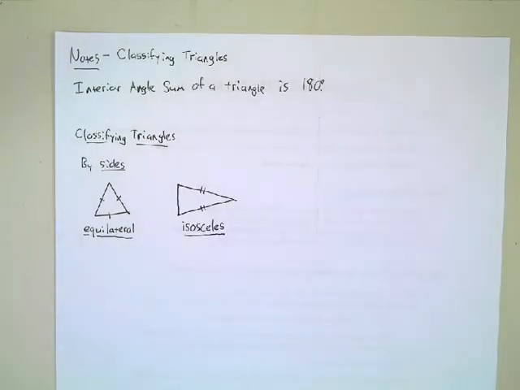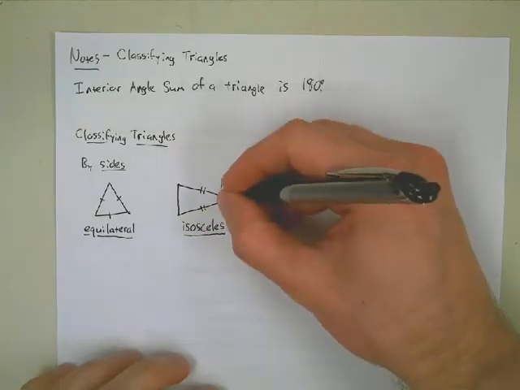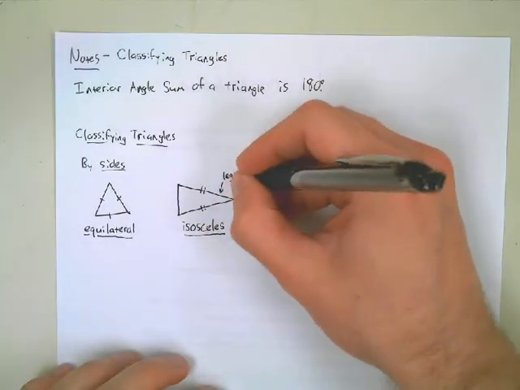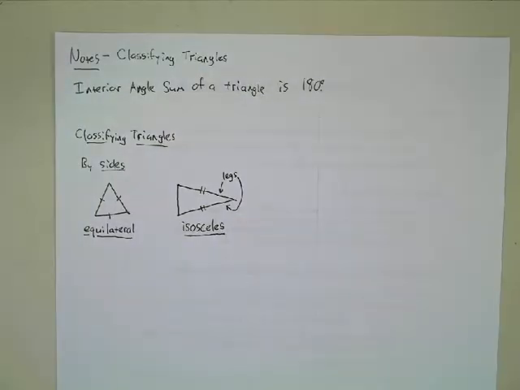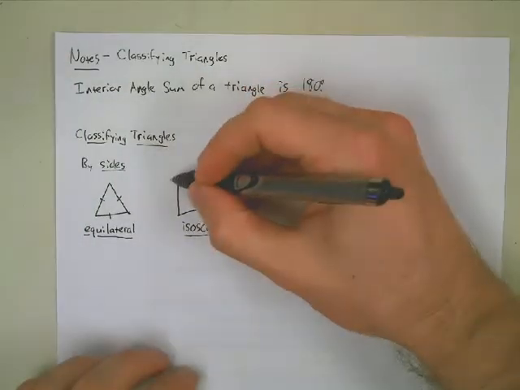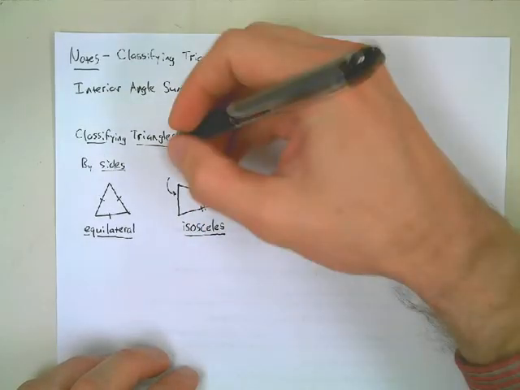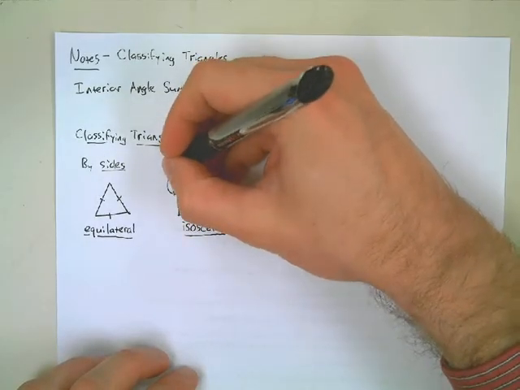Now, an isosceles triangle has two congruent sides, and those congruent sides are called the legs of the triangle. And this side here, the third side that's the non-congruent side, that's called the base.